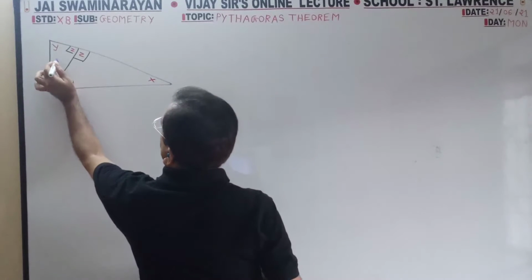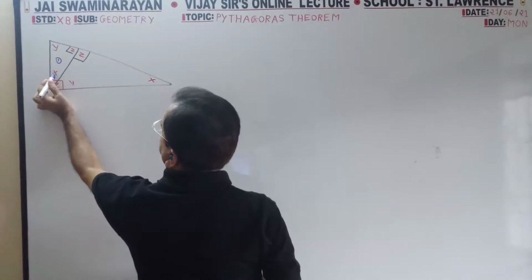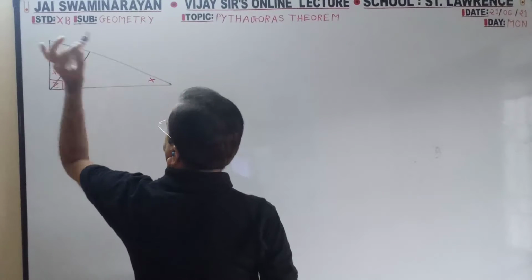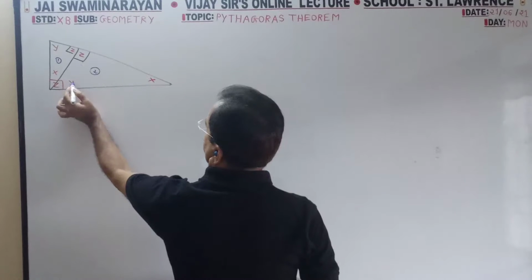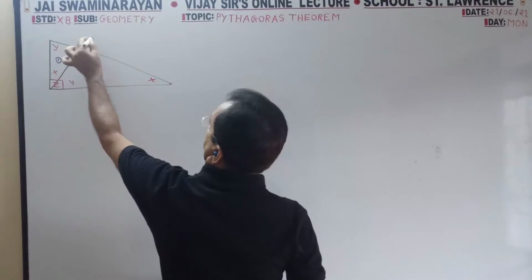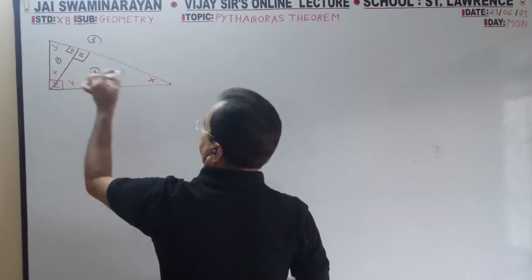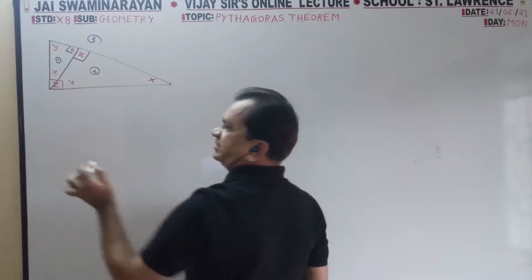In triangle number 1, smallest x, then y, 90 z. In triangle 2, smallest x, next y, 90 z. In the full triangle, smallest x, y and 90 z.